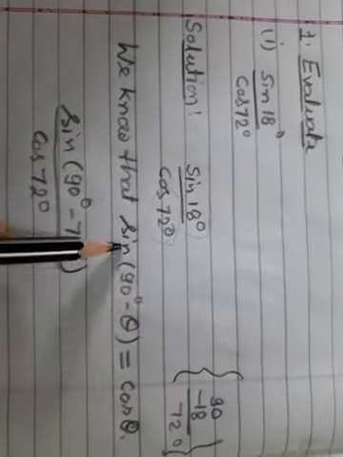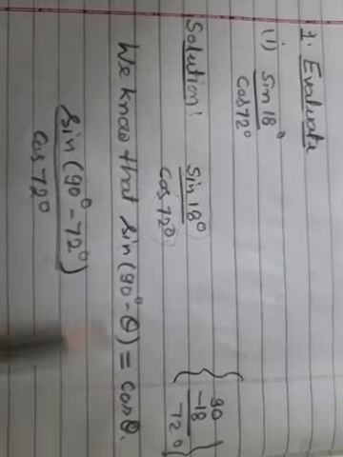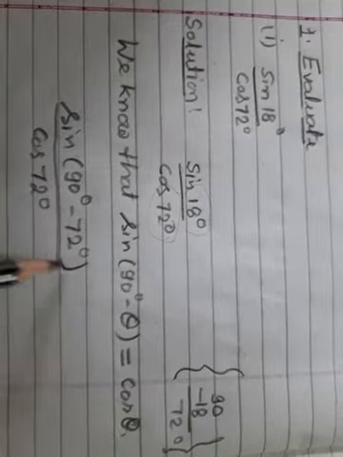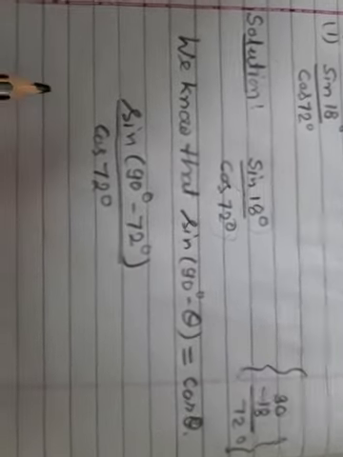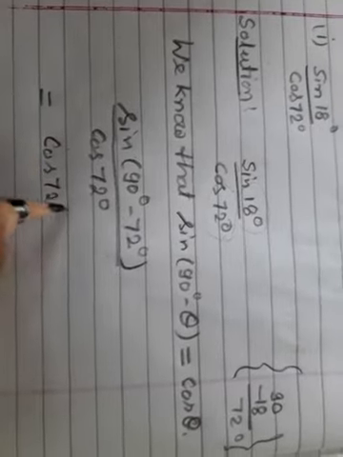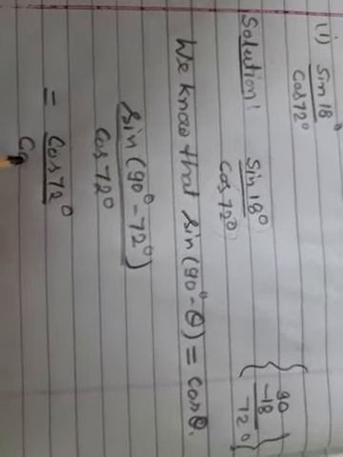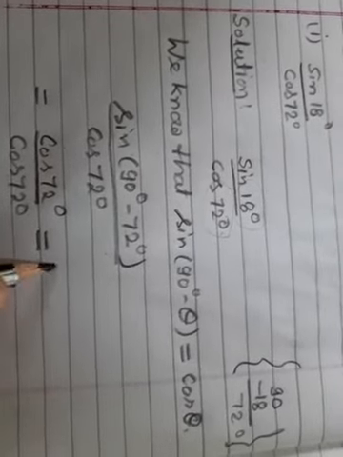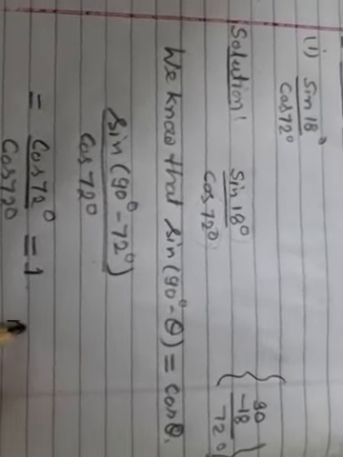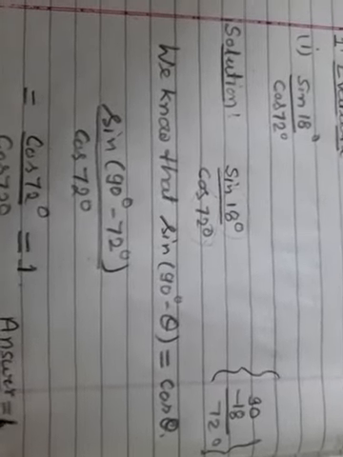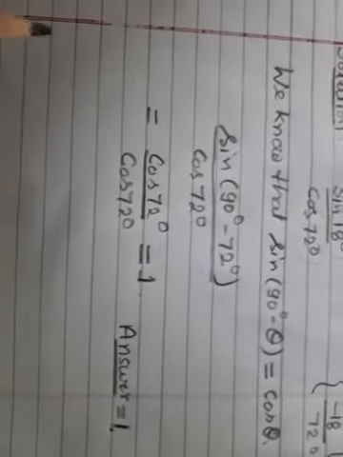We know that sine of (90 minus theta) is equal to cos theta, so sine of (90 minus 72) degree is cos 72 degree. So we get cos 72 degree upon cos 72 degree. Dividing, we find 1. The answer is 1.